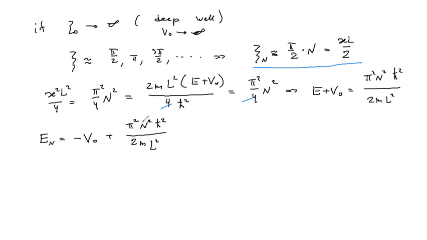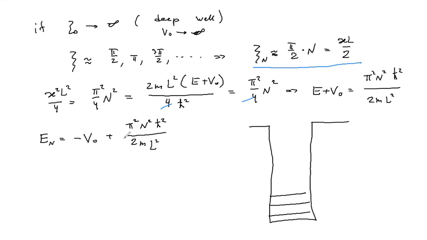This is your solution for the infinite square well potential. So if you have a very deep square well potential, then your energy spectrum at this level would be the same. The only difference is that you start not from 0, you start from minus V naught, and on top of this, you have these levels.